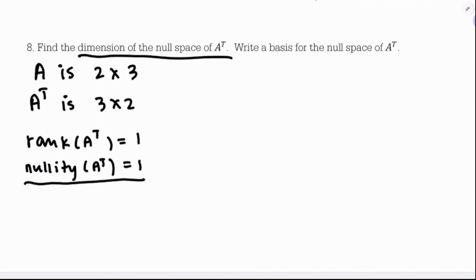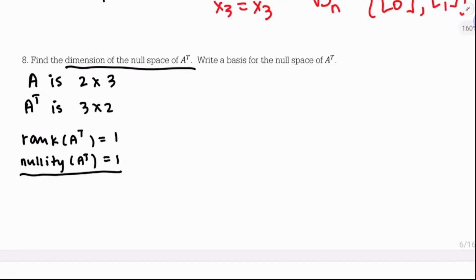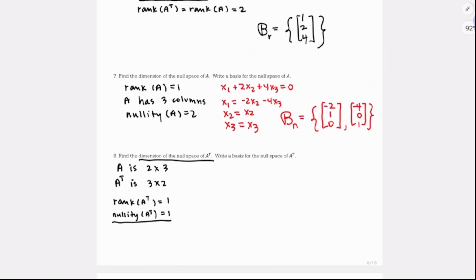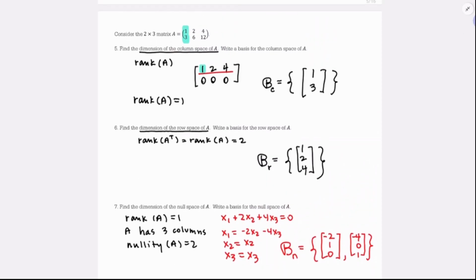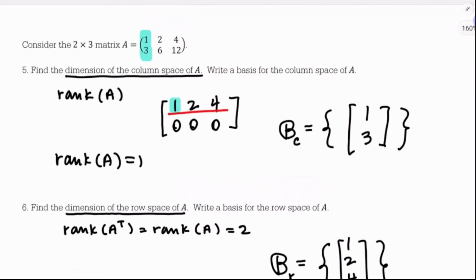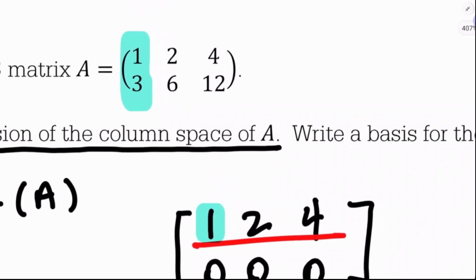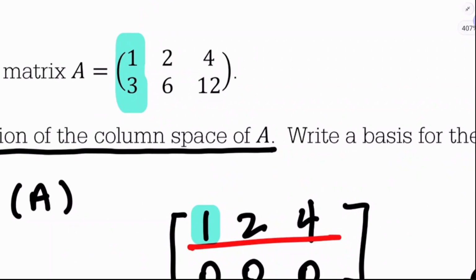Okay, writing a basis for the null space, that would be the left null space. What are the ways that we can combine? Oh yeah, there is going to be a fast way because of the niceness of the numbers here. How can I combine the 2 rows, the first row and the second row, to get a 0 row? Well, I think if I took 3 of the first and -1 of the second, I'd have a 0 row.